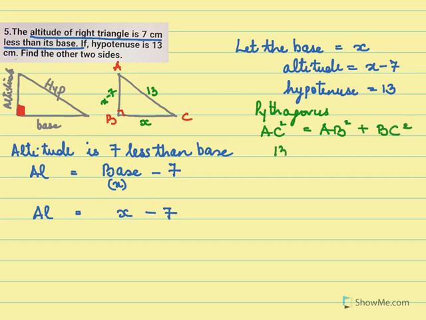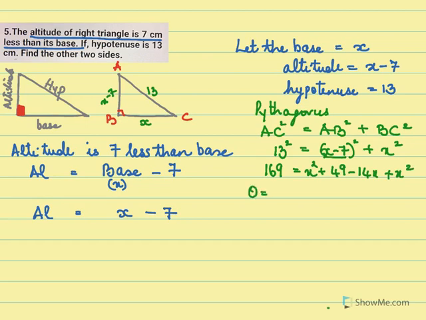Now AC square is 13 square. 13 square equal to AB, AB is x minus 7 the whole square, and BC will be x square. So 13 square is 169. This x minus 7 the whole square, (A minus B) the whole square, A square, B square minus 2AB plus x square.